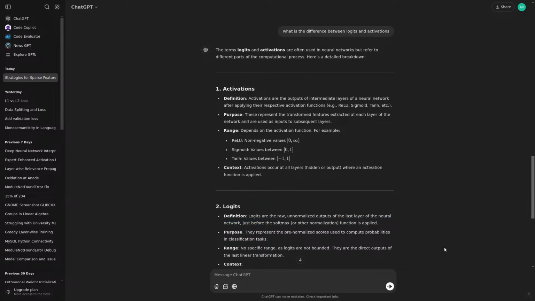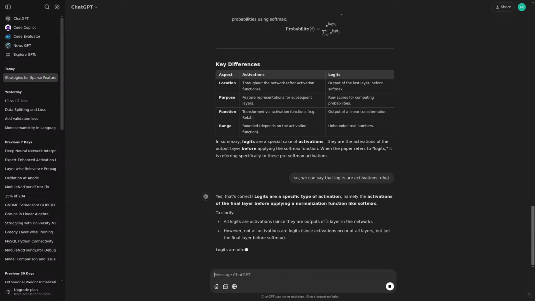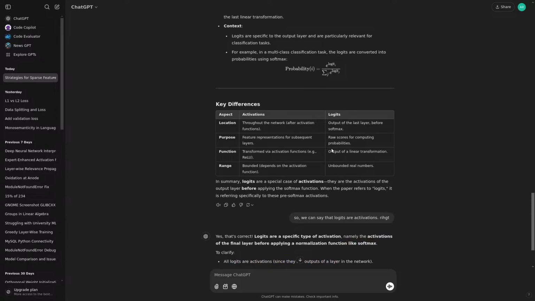Okay. So we can say that logits are activations, right? That's correct. Logits are a specific type of activation, namely activation on the final layer before applying a normalization function like softmax. All logits are activations. Okay, sure. Cool, cool, cool. Unbounded real numbers. Bounded depends on the activation function. Okay, cool.